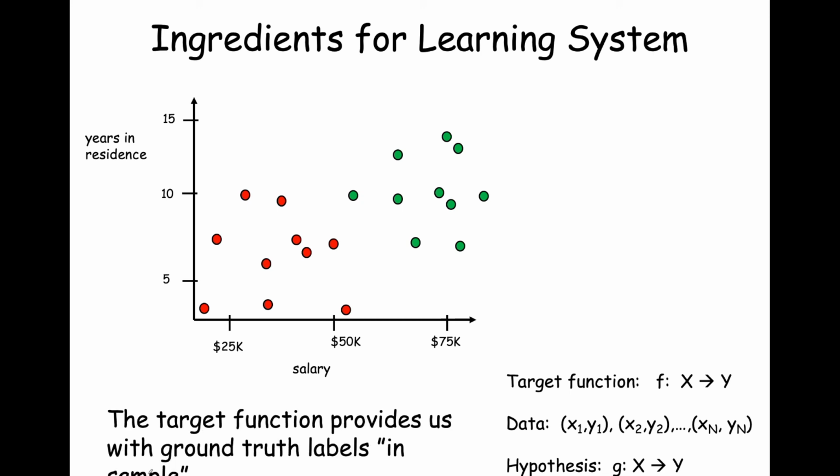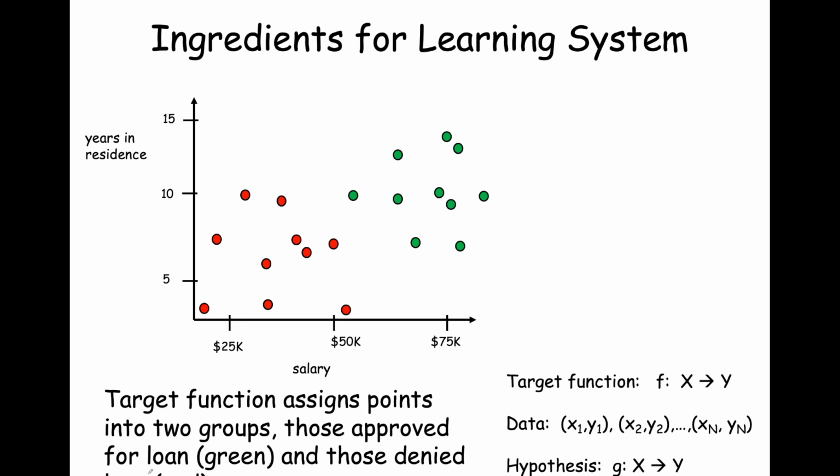Now the target function provides us with the ground truth labels in sample for those sample points we have from our historical data. The target function assigns these points into one of two groups: those people who have been approved, the positive examples, the green points, and those who have been denied, the negative examples, namely the red points.